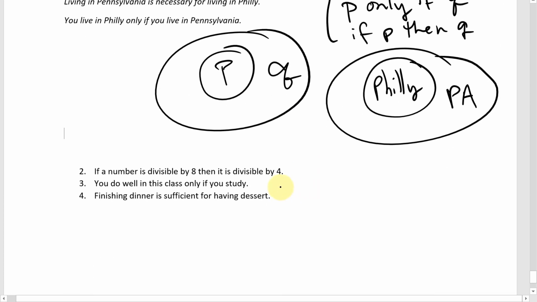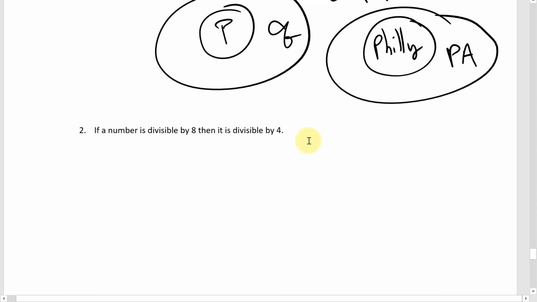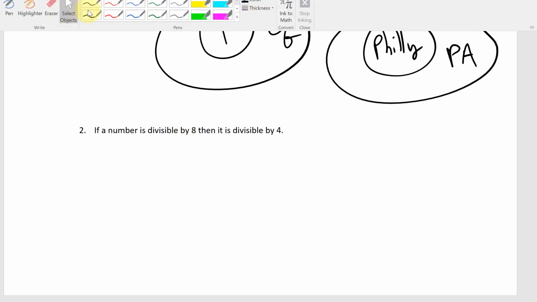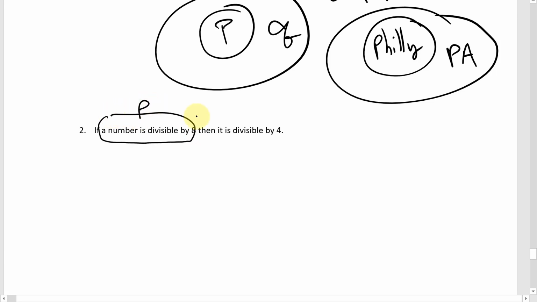Let's take another example. It says if a number is divisible by 8, then it's divisible by 4. That's P. That's Q. So we have some alternate ways in which we could write that.